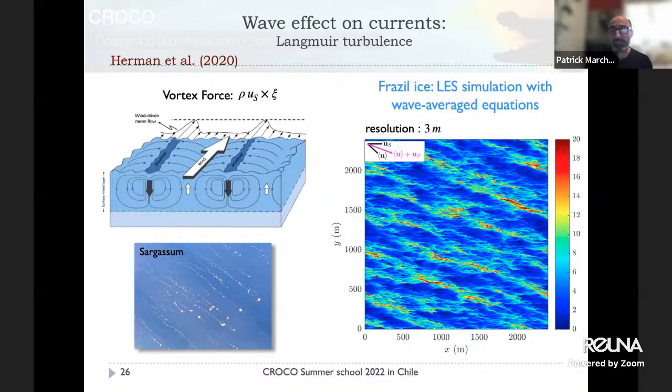It is the velocity, I think, of the model. No, it's the frazil ice concentration, I think. It has been done with a resolution of 3 meters. And it shows also the parallel lines of the Langmuir circulations. Well, it has been analyzed in detail by these authors.